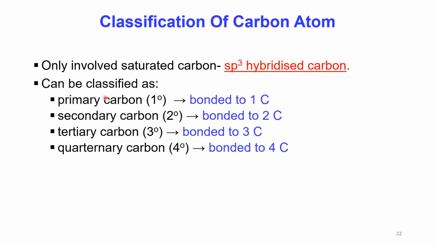Carbon can be classified as primary carbon, which is bonded to one carbon atom. Secondary carbon is bonded to two other carbon atoms. Tertiary carbon is a carbon atom bonded to three other carbon atoms. And quaternary carbon is a carbon atom bonded to four other carbon atoms.